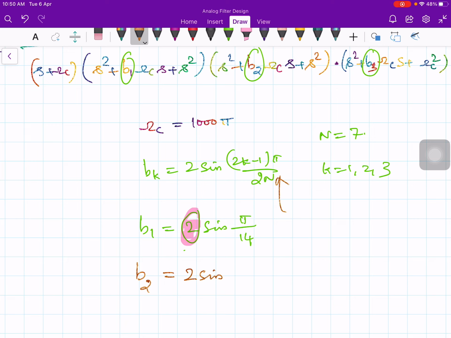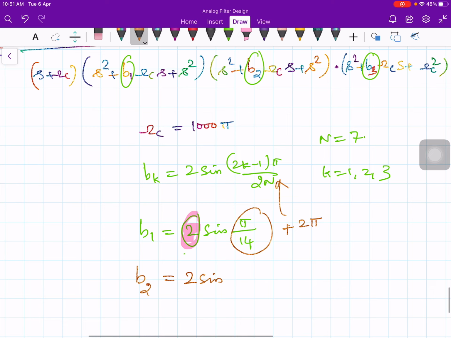Directly you can write. So from this you add plus 2 pi in the numerator. So therefore this is going to be pi plus 2 pi, this one pi. I'm telling you add 2 pi in the numerator in the argument of sine. Therefore this is 3 pi by 14.